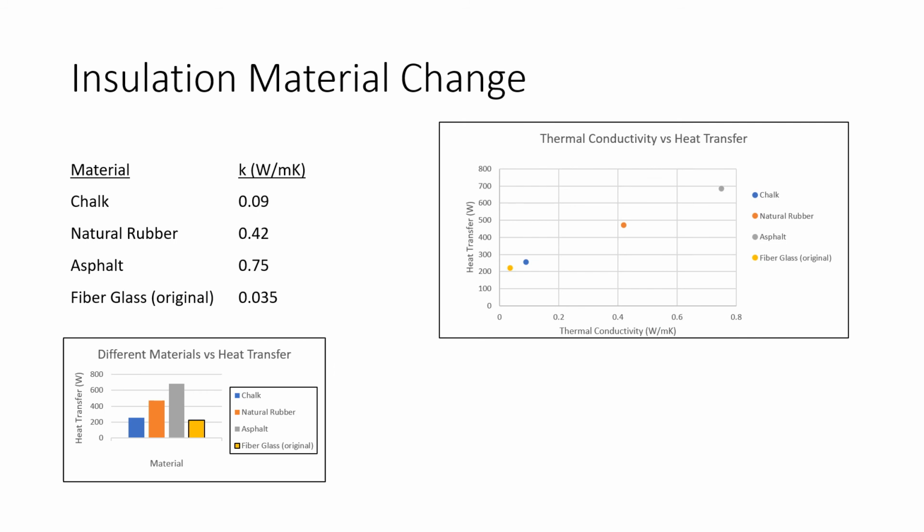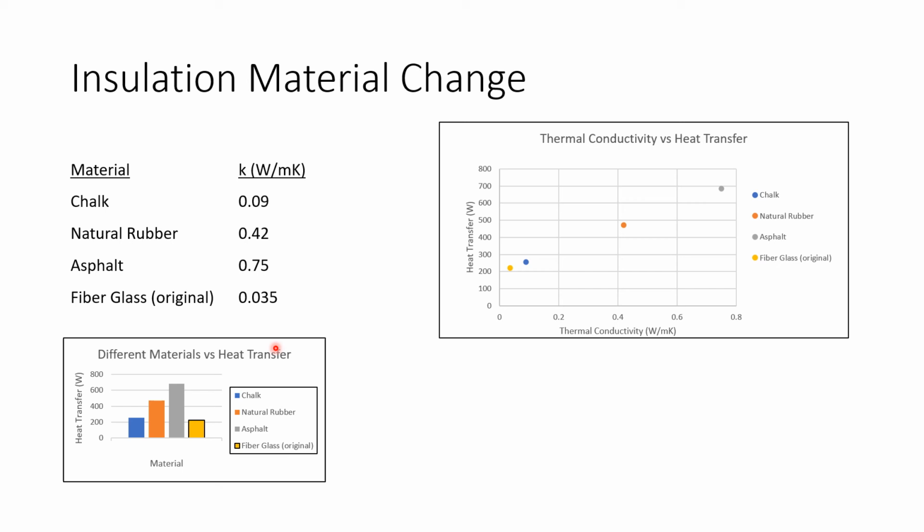I also changed the material of the insulation, so I used chalk, natural rubber, asphalt, and then fiberglass was what we originally started with. In this graph up here, thermal conductivity versus heat transfer, you can see a positive trend between thermal conductivity and heat transfer rate.